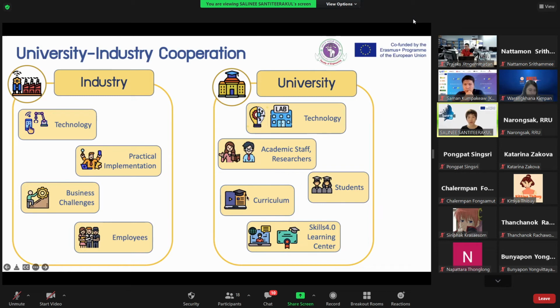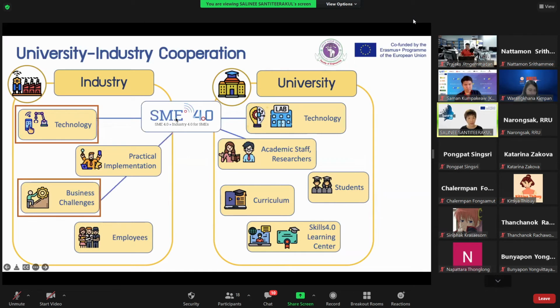We are involved with the curriculum design, and we can also help the industry by developing their skill 4.0 as well. So for the first project, SME 4.0, the main objective is to link the collaboration between academic staff by linking some technology and using some business challenges from the industry to link with the university.